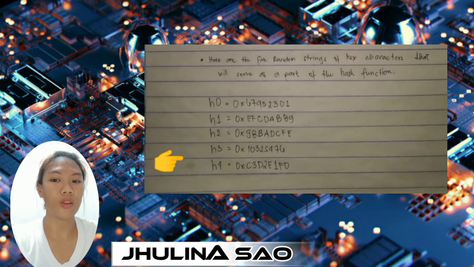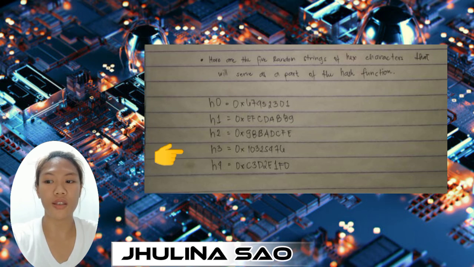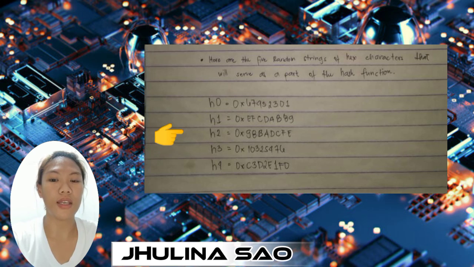Here are the 5 random strings of hex characters that will serve as a part of the hash function. We have H0 to H4. H0 is equal to 0x67452301. H1 is equal to 0xEFCDAB89.